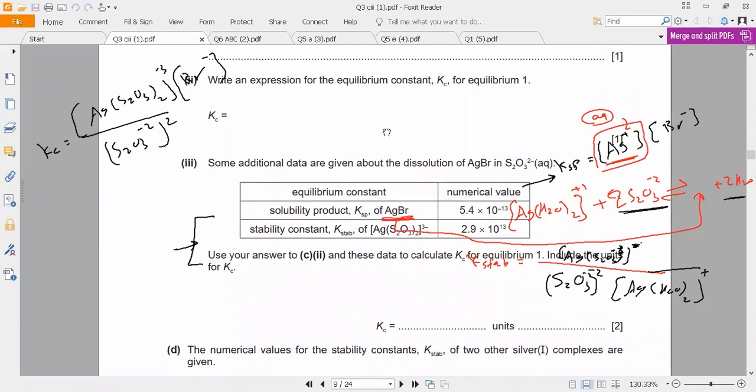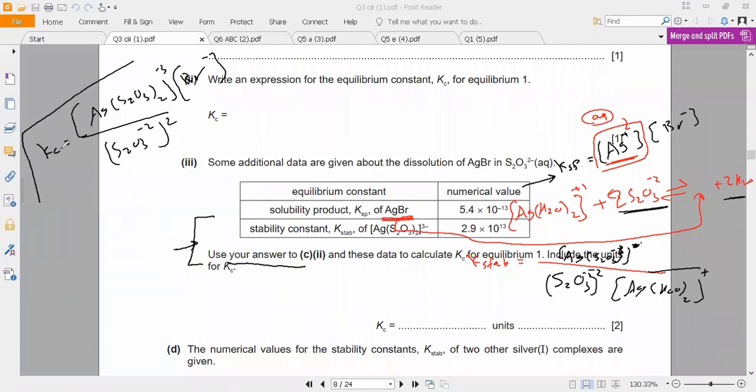Now, guys, I'm going to show you why I need this. Look what the question says. Use the answer to C(ii), this answer they need, and the data, these two data, to calculate Kc for equilibrium 1. They need the Kc value. You are given these two things, and you are asked to calculate the Kc value.